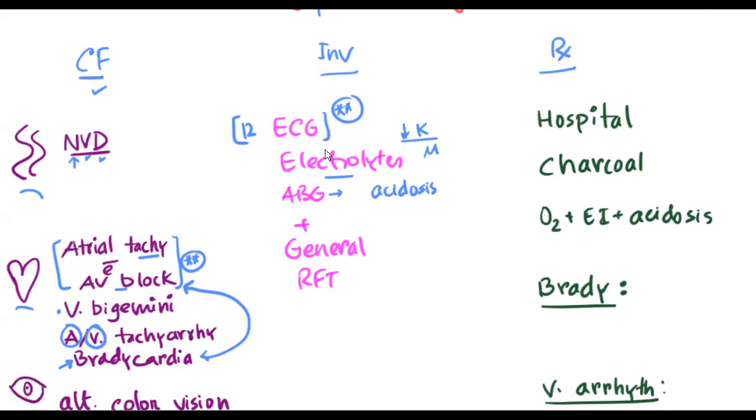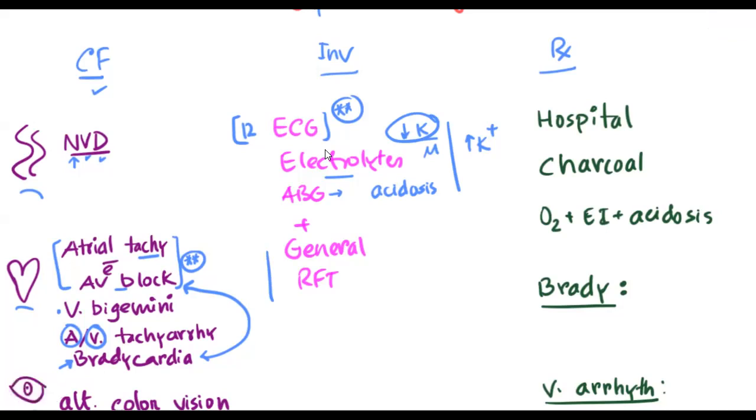In severe toxicity, there can be hyperkalemia as a complication. So hypokalemia increases the risk of digoxin toxicity, and whenever the toxicity happens, there can be development of hyperkalemia. And obviously, we have to do all the general investigations.